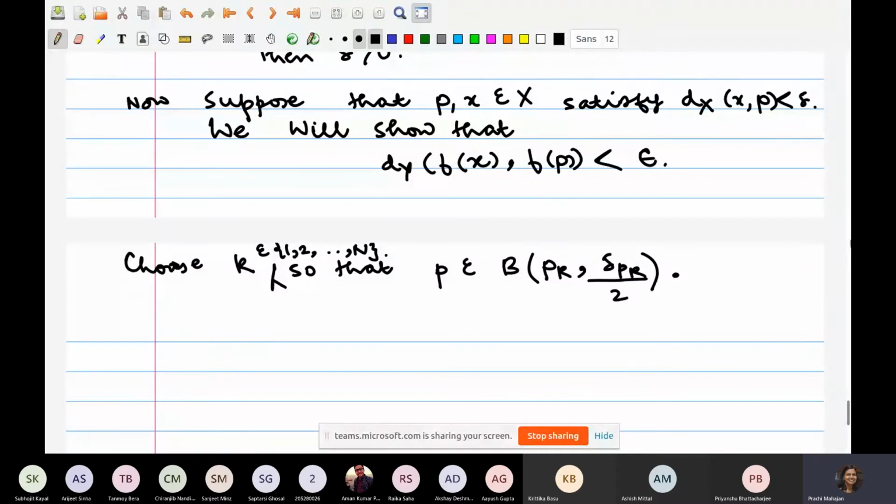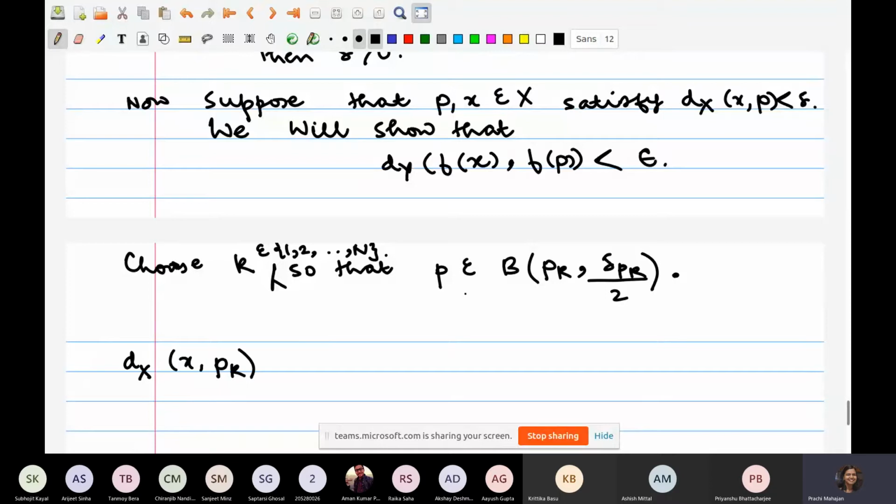Now what do I do? The distance between x and the point P is at most delta, and saying that P belongs to this neighborhood around pk means that the distance between P and pk is at most delta pk by 2. Let me apply the triangle inequality in X and try to estimate the distance between x and pk.